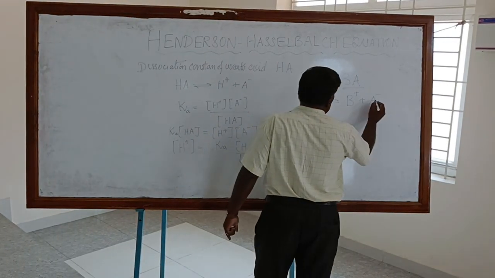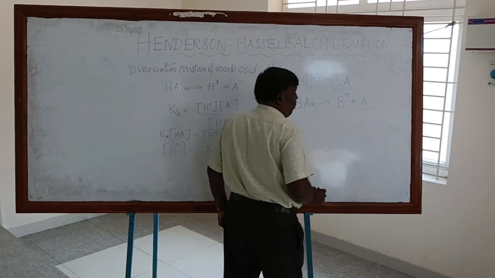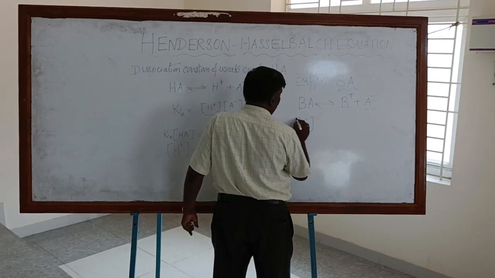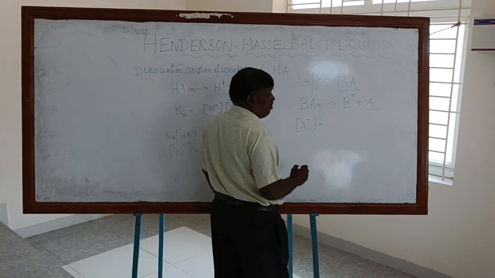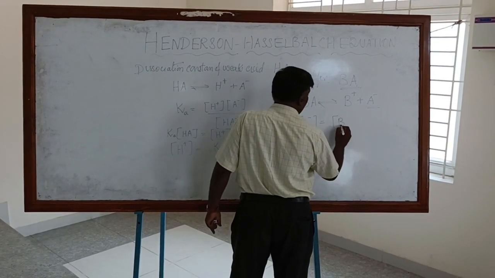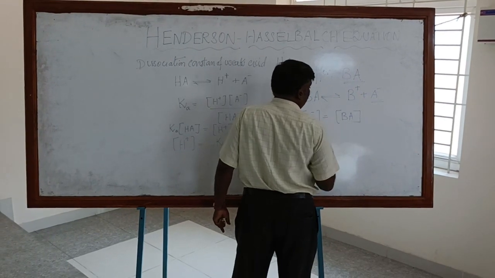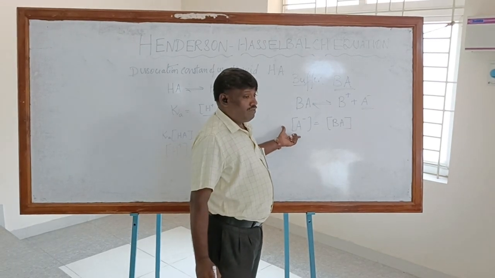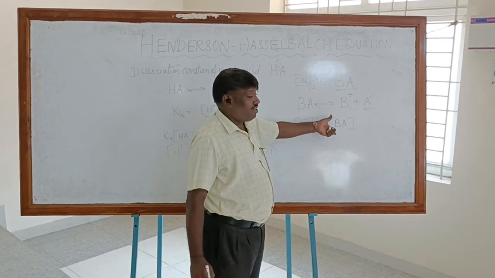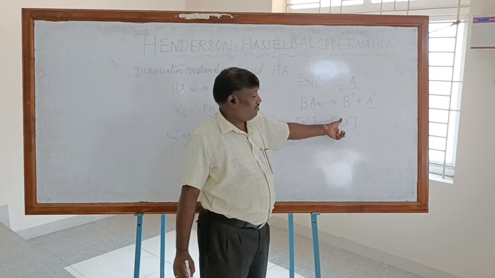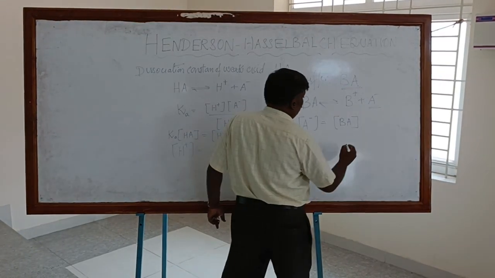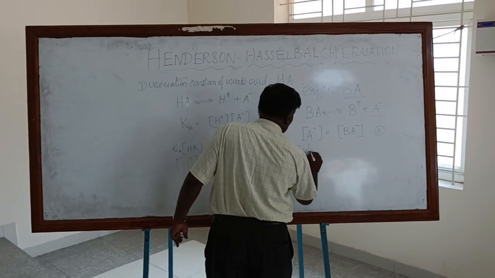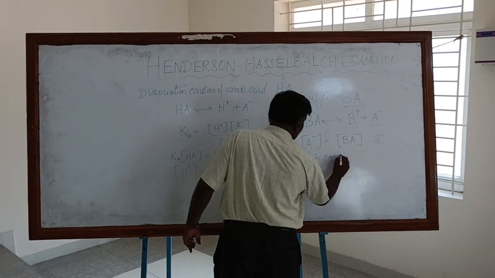Here I have taken an assumption that the concentration of A minus is equal to the concentration of the salt BA itself. In this case, I can substitute this in equation 1. Substitute in equation 1.